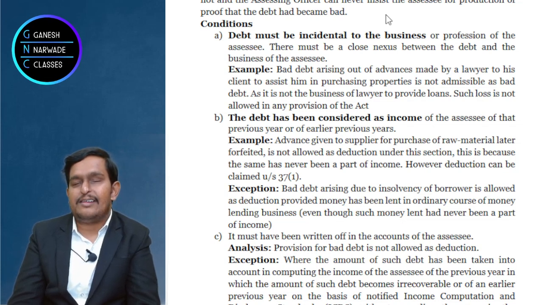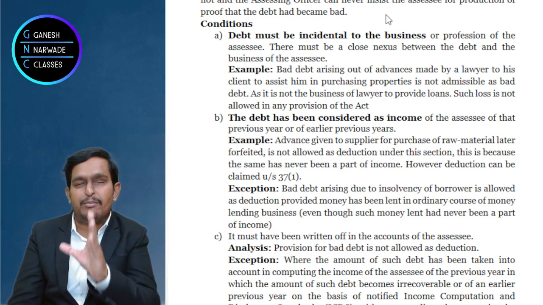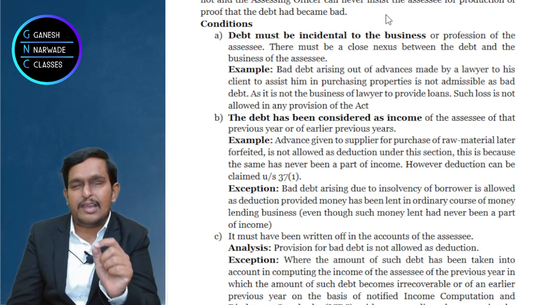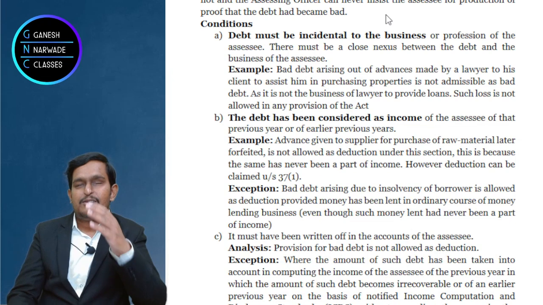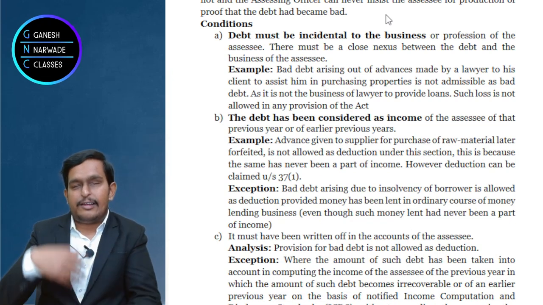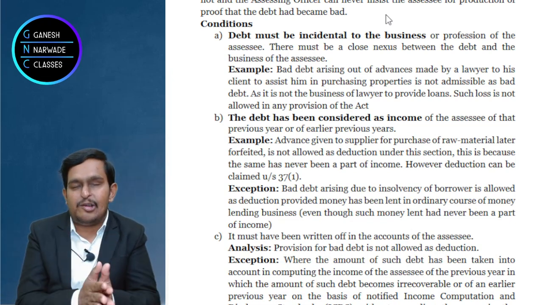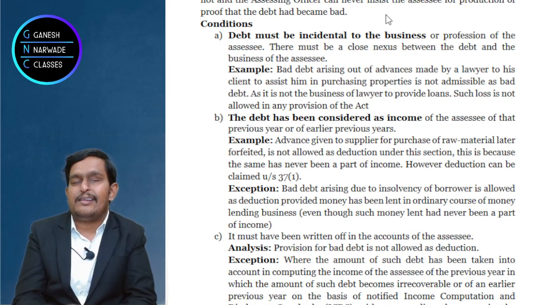One more condition is, is it a revenue item? Suppose if it is a capital amount, then you cannot claim it as deduction here. If it is revenue in nature, for a trader, regular sales on credit is a revenue item, correct? So this condition is also satisfied.